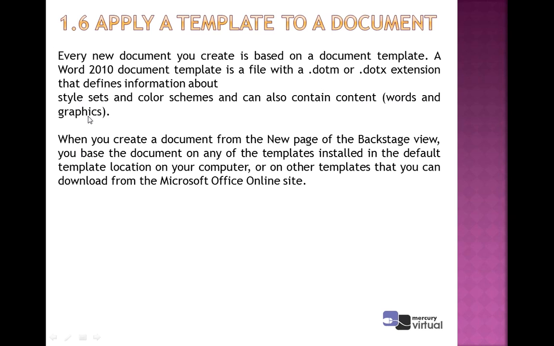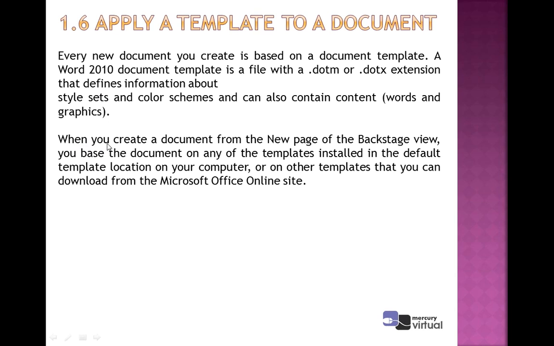So this paragraph says you can create the document or save the document, and if you want to save the document as a template, you use either .dotm or .dotx.